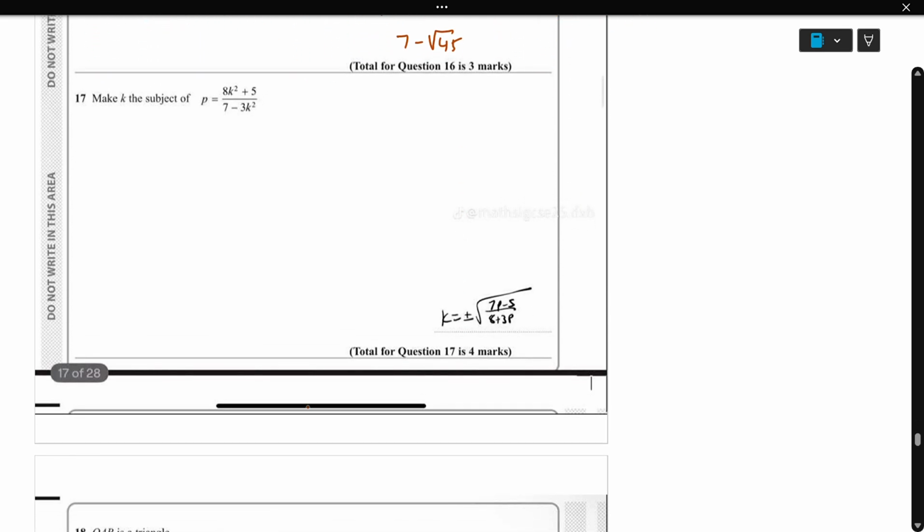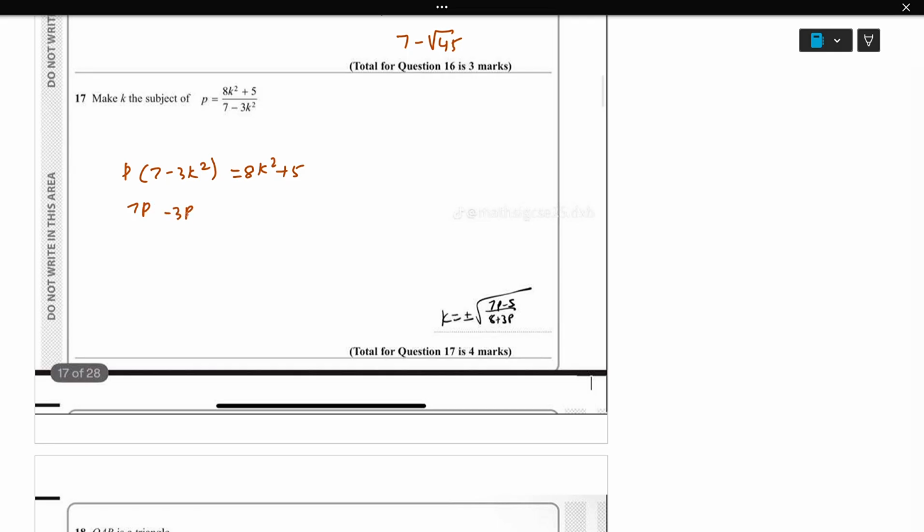Next question, make k the subject. First I'll bring p times 7 minus 3k squared equal to 8k squared plus 5. So expand: 7p minus 3pk squared equals 8k squared plus 5.